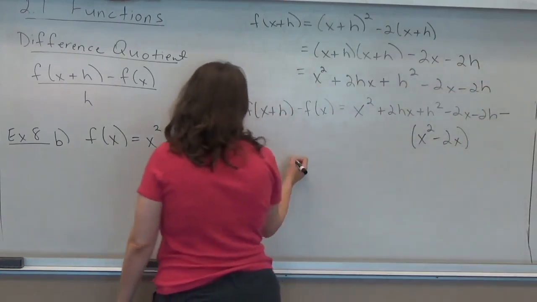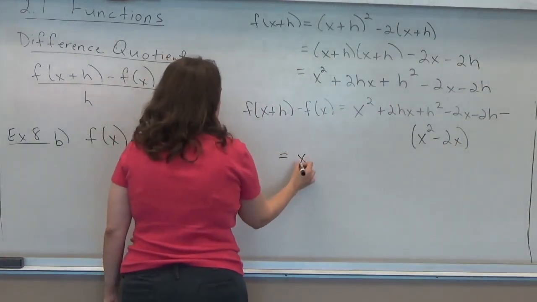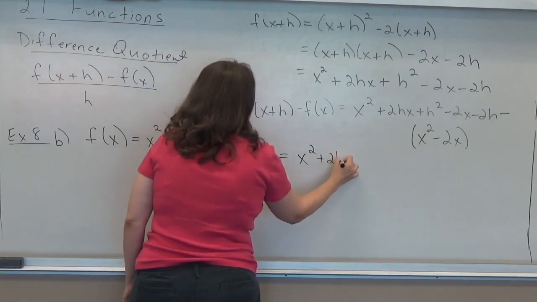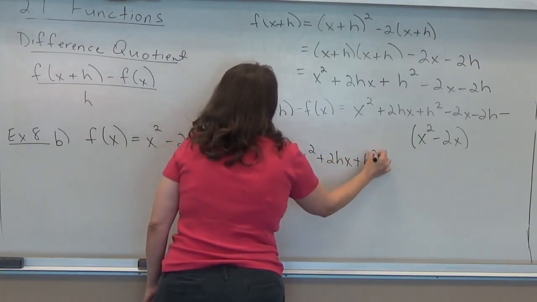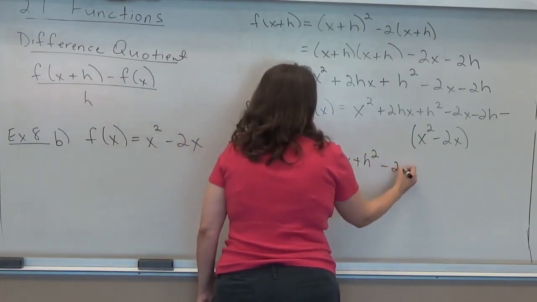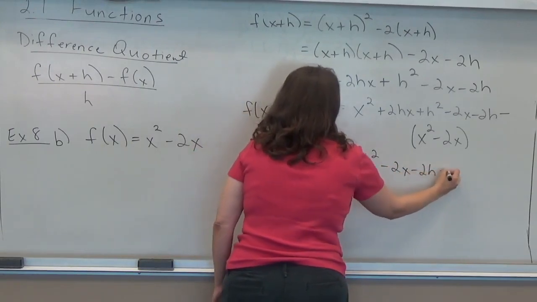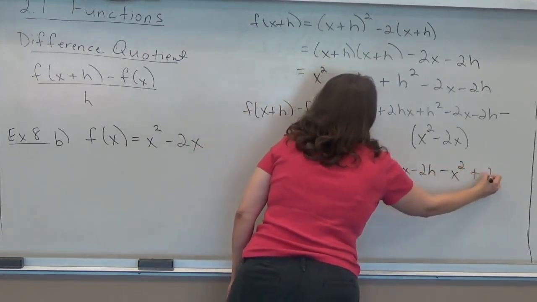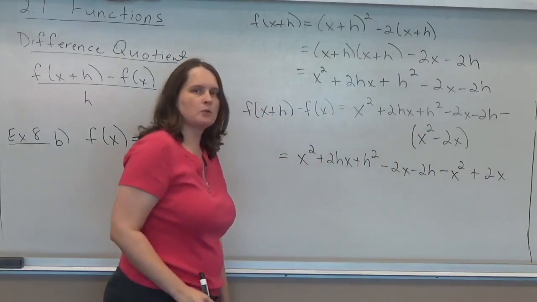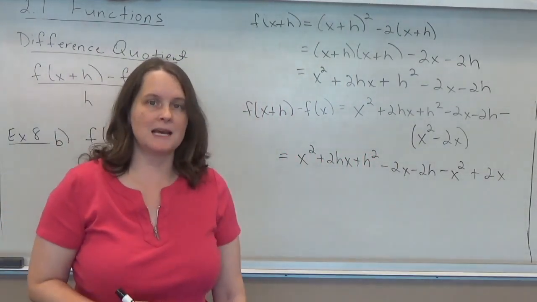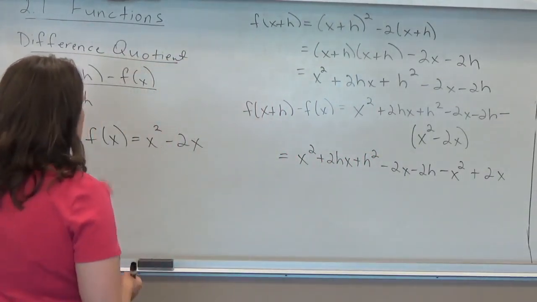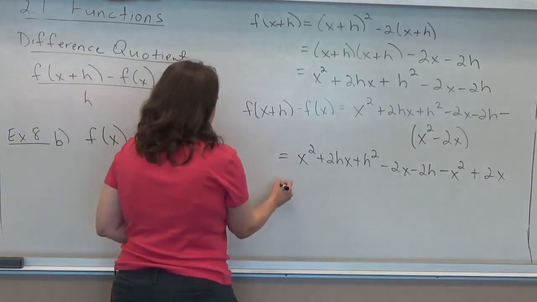Alright, so we've got x squared plus 2hx plus h squared minus 2x minus 2h minus x squared plus 2x. At this step, you'll probably be able to eliminate a little bit, or maybe cross out some like terms.